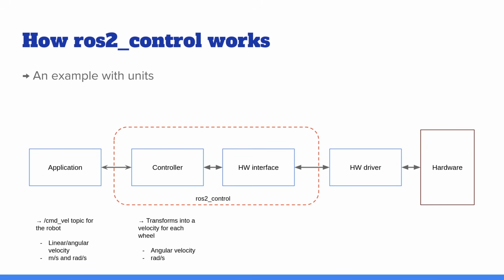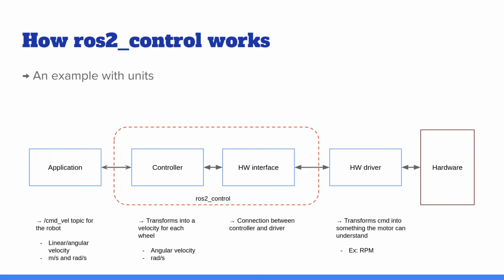Then we're going to send that command to the hardware interface. And this is going to be the connection between the controller and the driver. And the driver is going to transform that command for each wheel into something that the motor can understand. So for example, an RPM, so rotations per minute, and then it's going to use a certain communication protocol to send that to the motor. And when we go back, it's also going to read an RPM that's going to be transformed into, for example, radians per second.